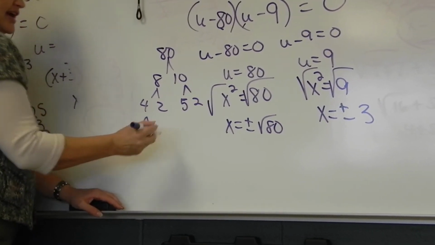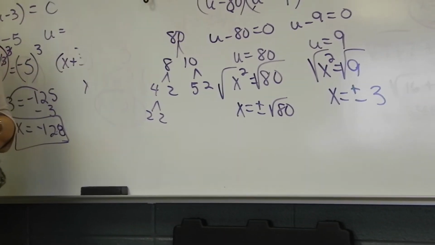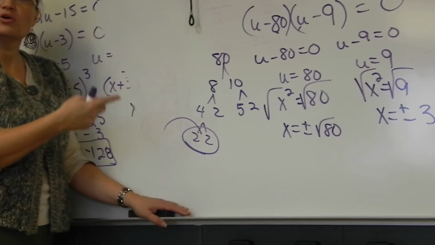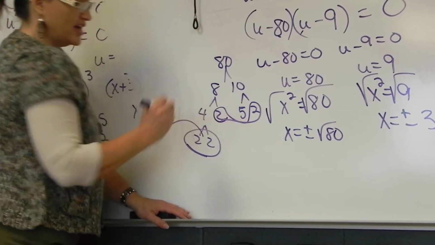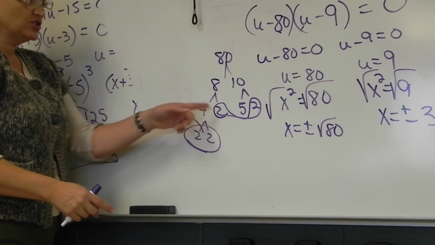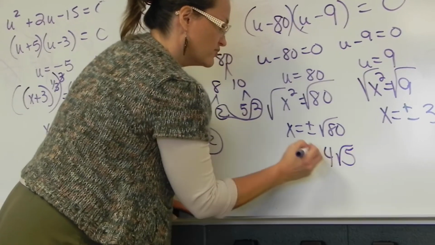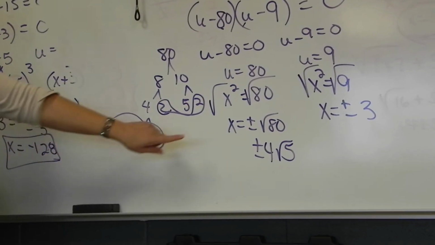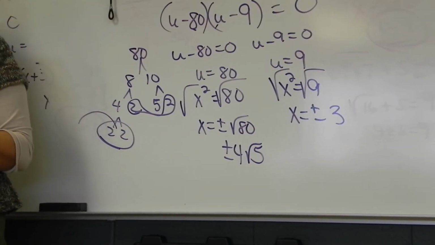And then any set of 2, you can bring out one of those. Since it's a square root, a set of 2, like 2 squared, when you square root it brings out just a 2. And then we've got a set of 2's there. So I'm able to bring out a 2, another 2, which makes 4, and there's a 5 left over. So that should reduce to plus and minus 4 radical 5. 1, 2, 3, 4, 4 solutions to our 4th degree equation.